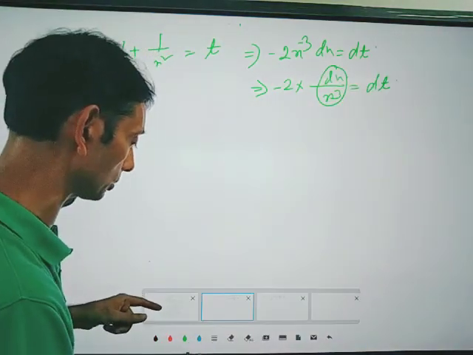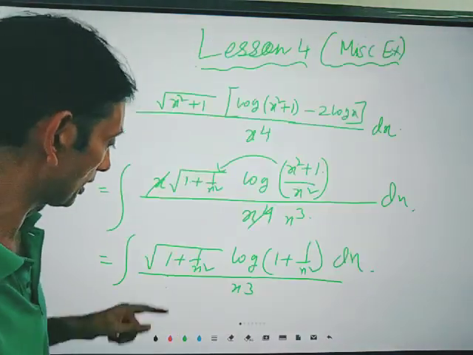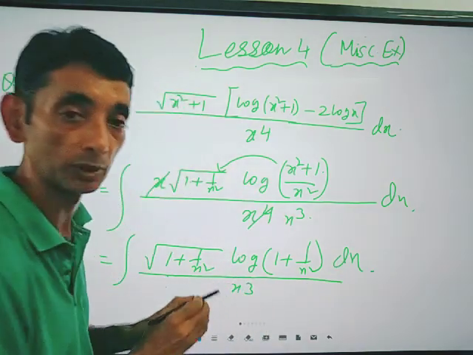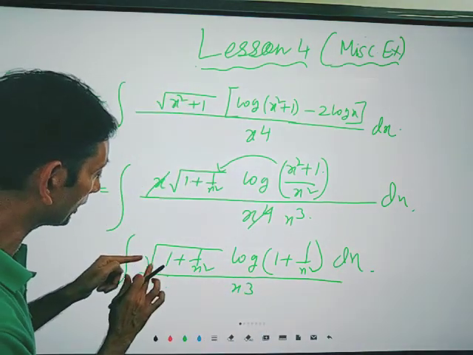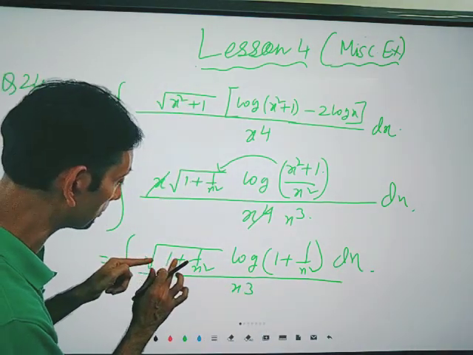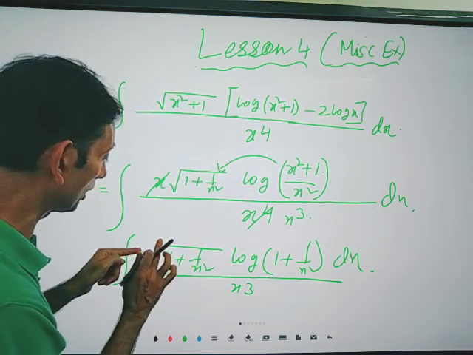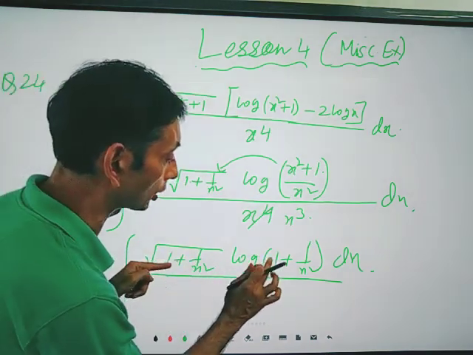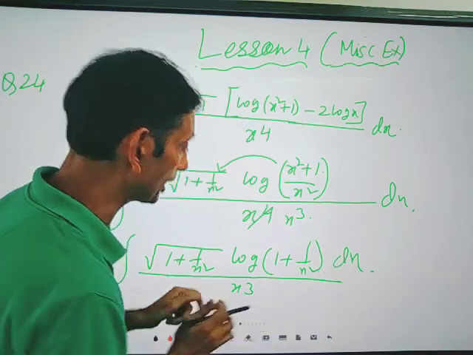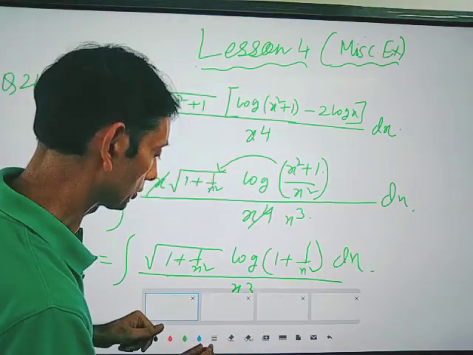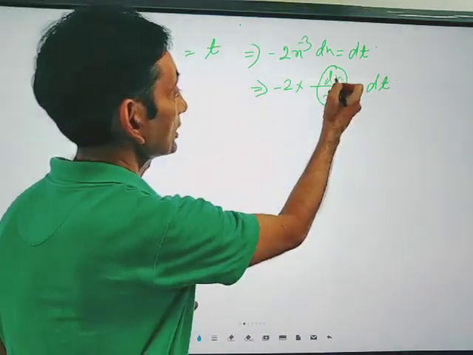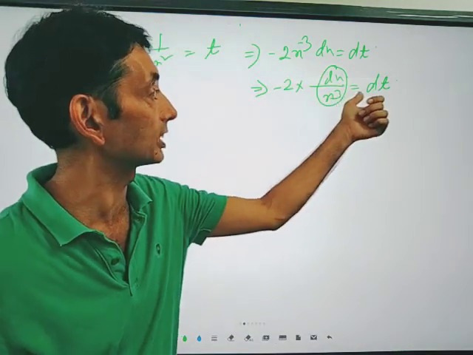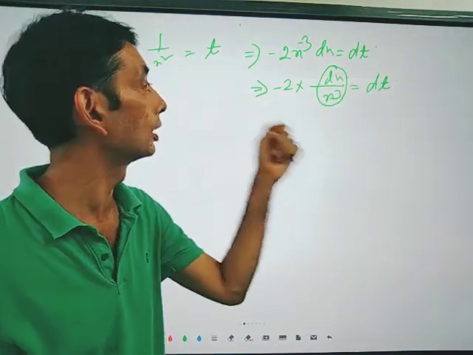If we go back to the previous page, there is a term dx by x cubed, so we have the value. We are assuming 1 plus 1 by x squared is t, so the square root will be root t, and log t. In place of dx by x cubed, we substitute dt by minus 2.